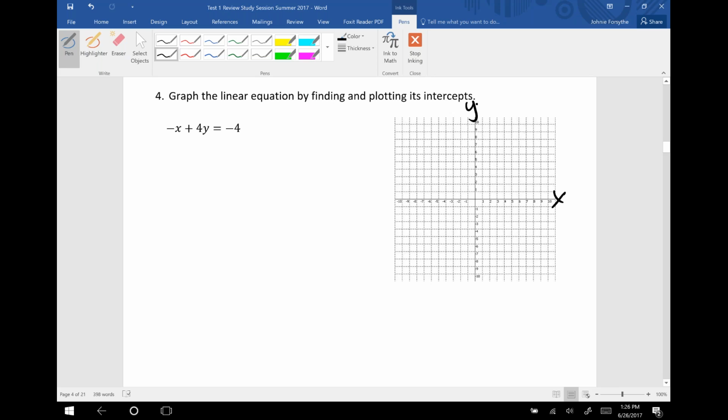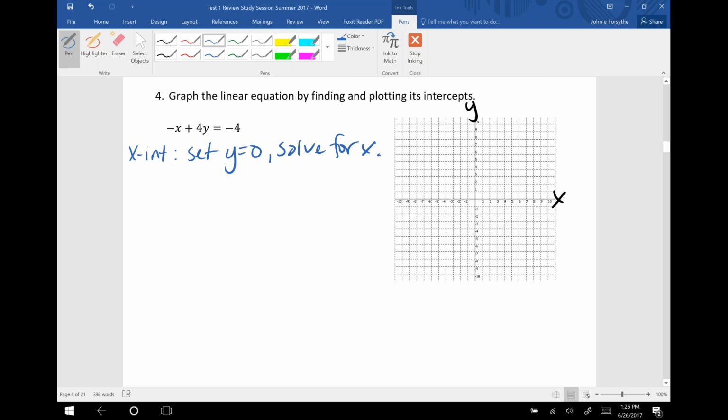If you have a line and it crosses this y-axis, wherever it crosses this y-axis is called your y-intercept. So to find the x-intercept, you want to set y equal to 0 and solve for x.